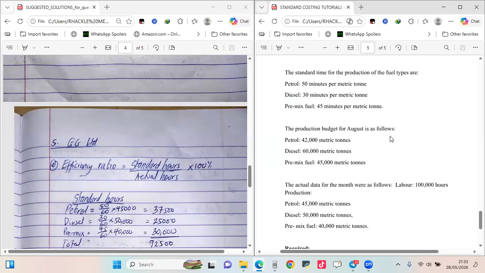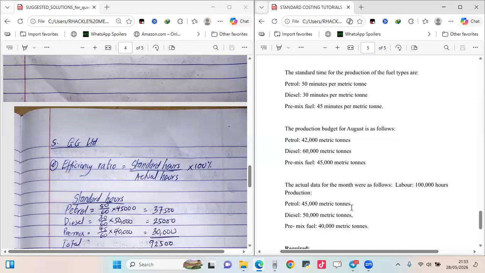Now, the actual data for the month were as follows. 100,000 labor hours. Right now, you see, we are giving in minutes and here we are giving in hours. So it's either you change these hours to minutes or these minutes to hours, any one of them, so that you can actually be able to compute everything well.